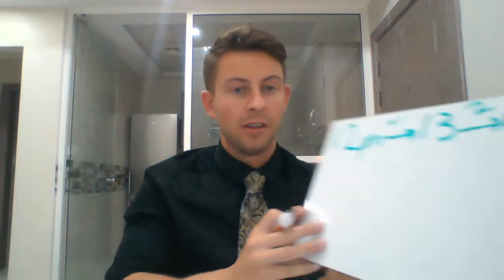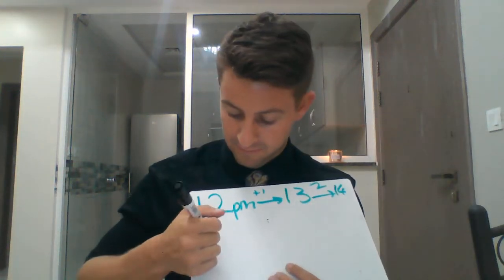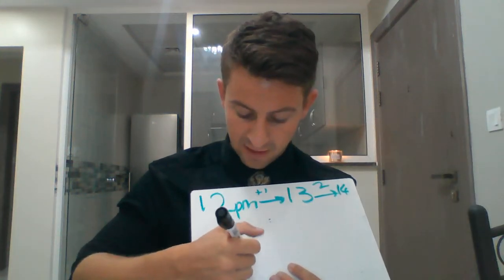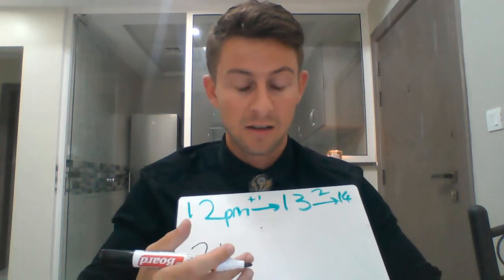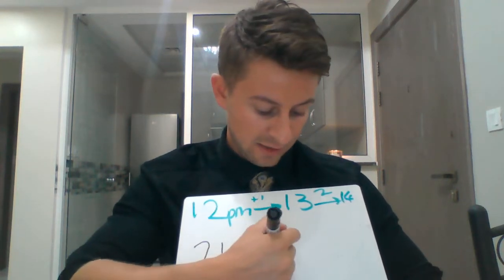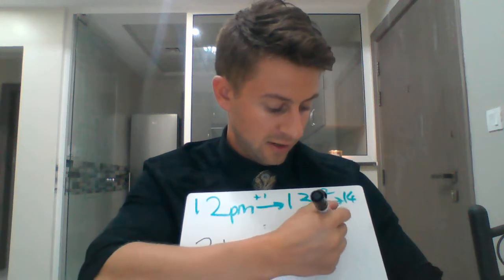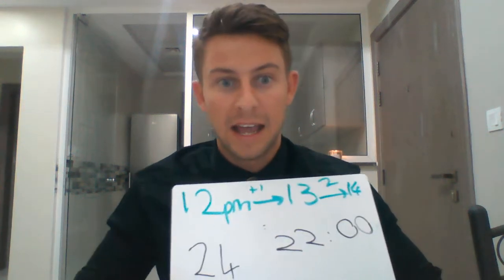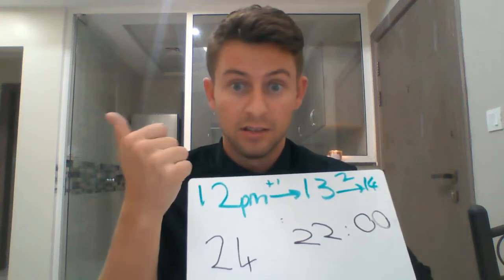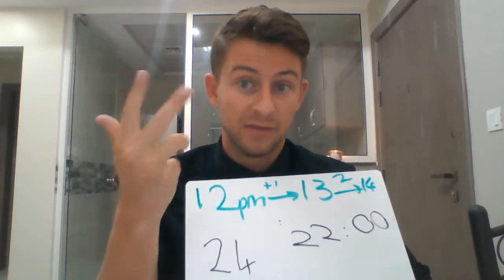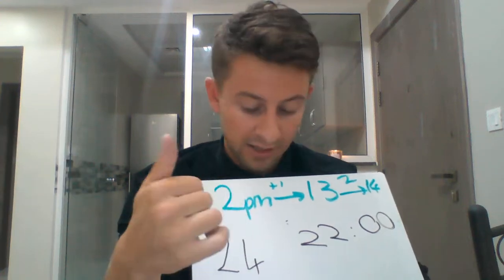Now, when it gets round to later, I might decide I want to go from the 24 and go down, because they might be asking me, what is 2200 in PM? Now, I could easily start at 12 and count on, 13, 14, 15, 16, 17, all the way up to 22.